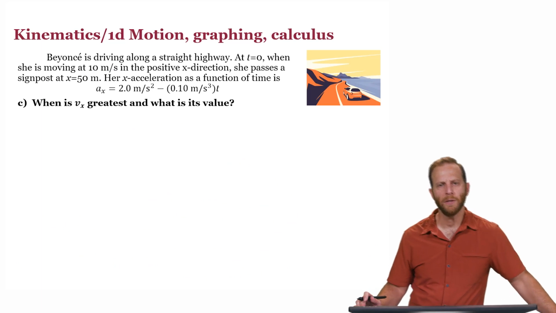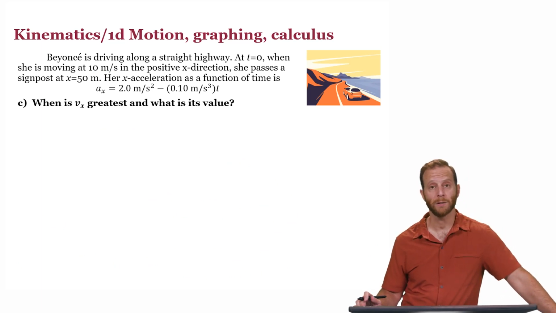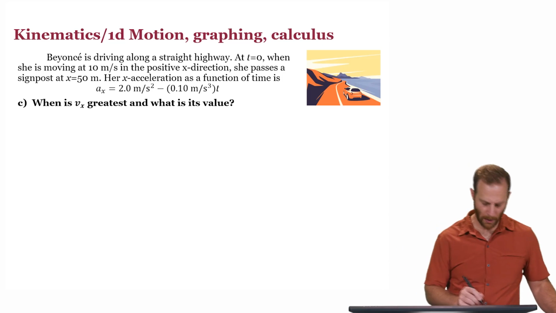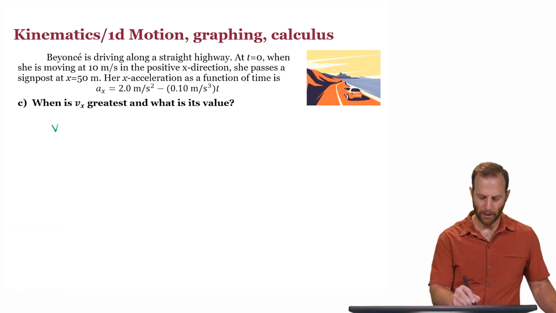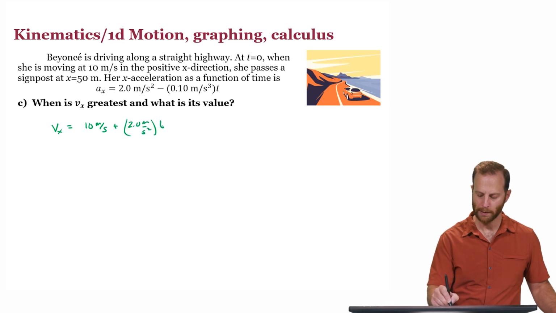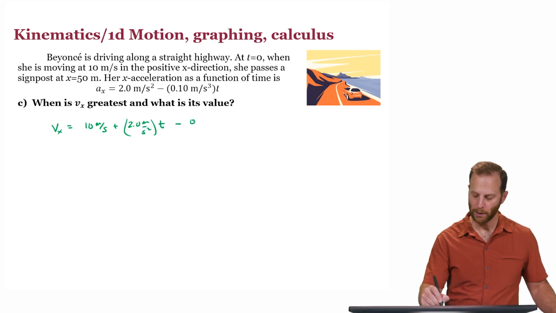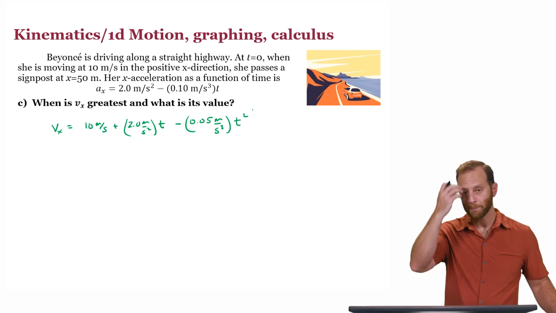Lastly, when is Vx the greatest and what is its value? As a reminder, we determined that Vx was given by 10 meters per second plus 2 meters per second squared times t minus 0.05 meters per second cubed times t squared.